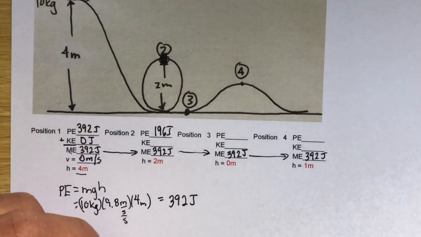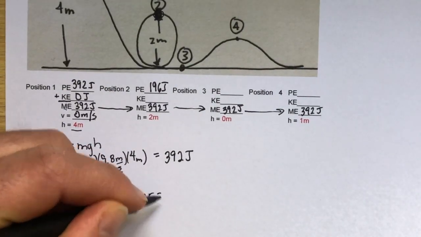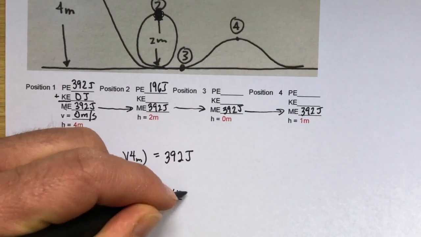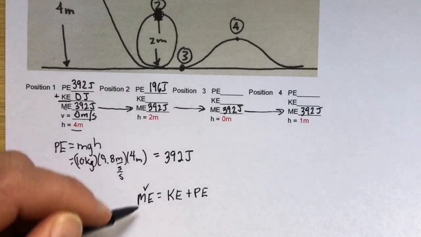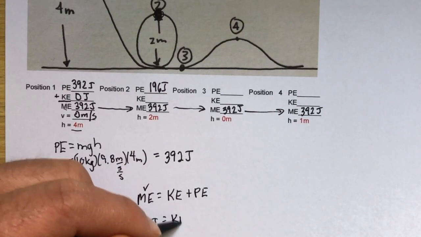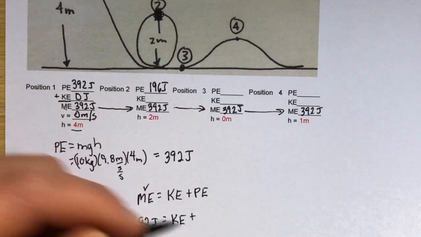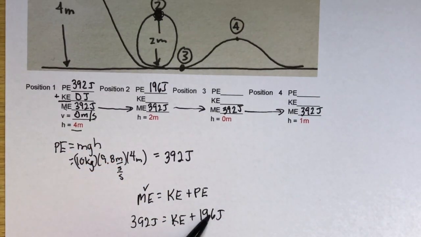Well, we know mechanical energy equals KE plus PE. And I know this is 392. KE is just KE right now, and PE is 196 joules. All right, so what plus 196 equals 392?